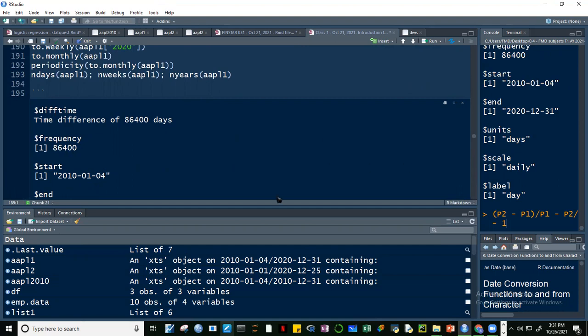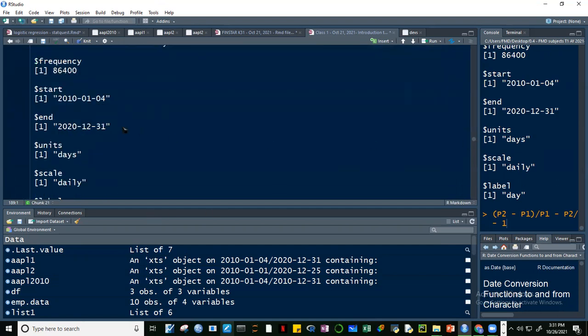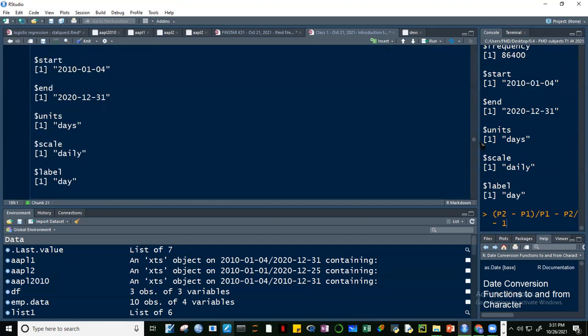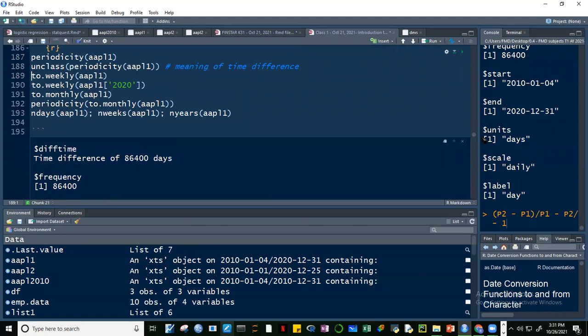And then we're given the start and the end. The units are in days and the scale is daily. So the unclass function will dissect the object and define the frequency and the other parameters.